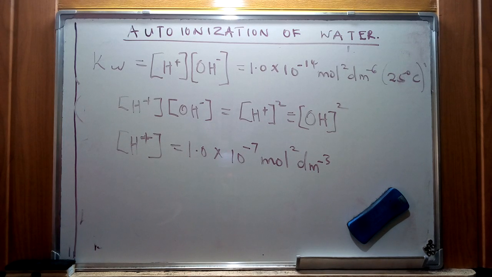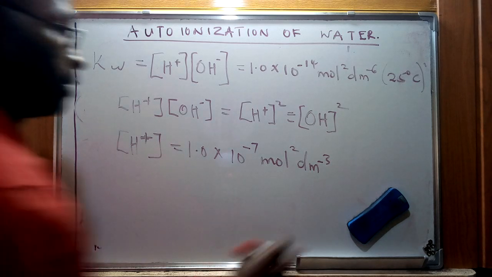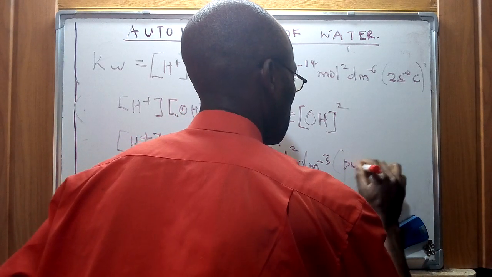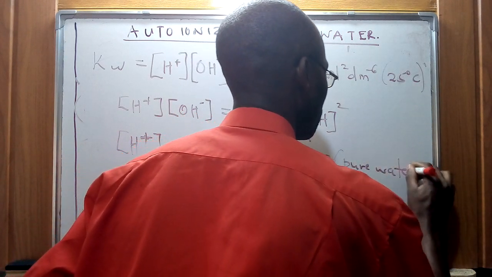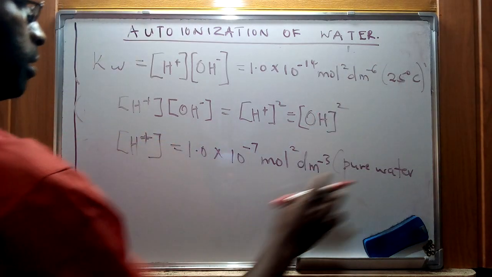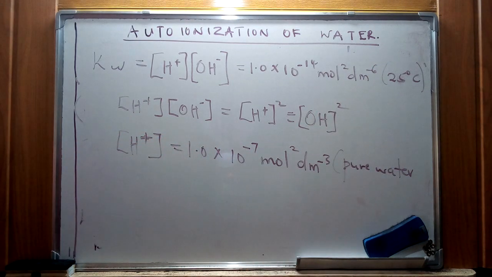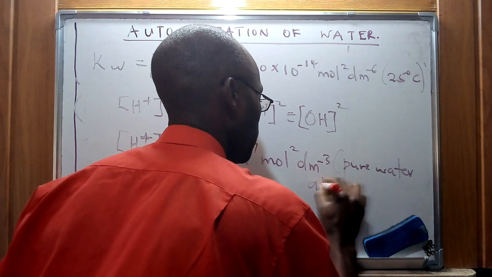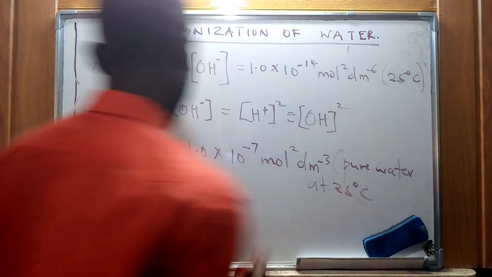So this is basically going to be, for pure water, the H positive square root of this. So this is going to be pure water at this particular condition for the hydrogen ions respectively.